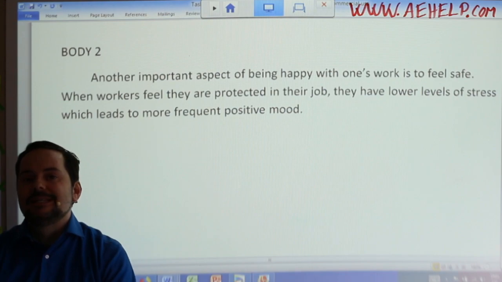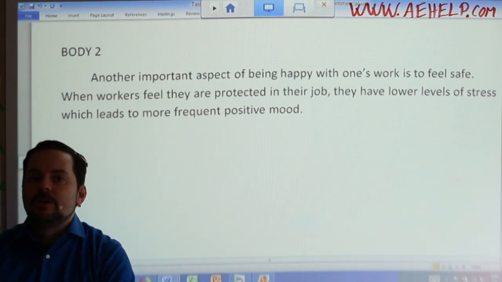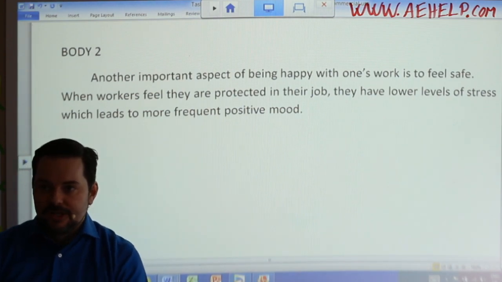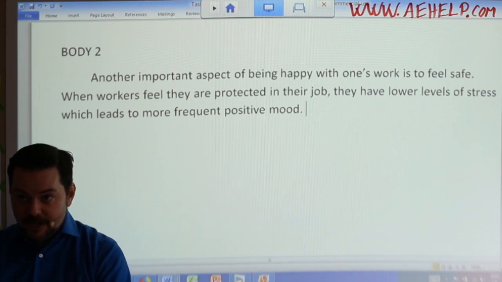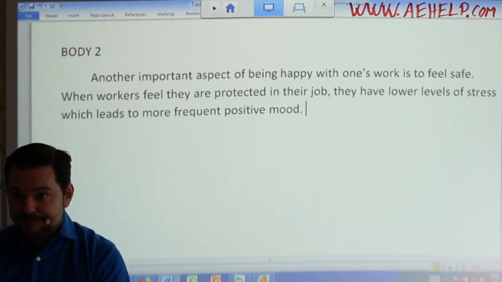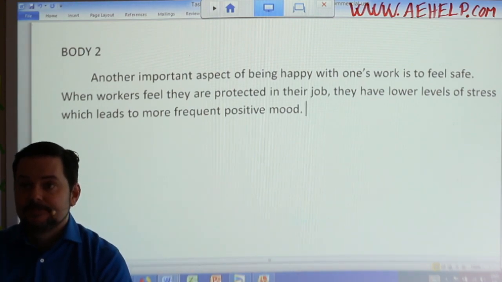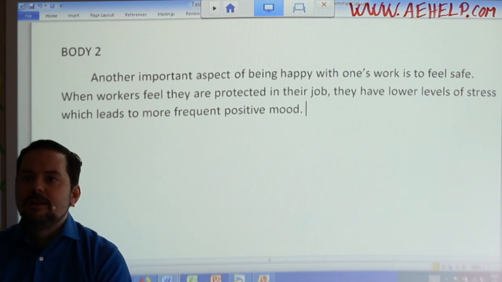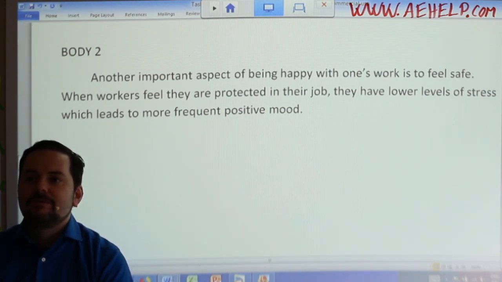Can someone give me an example of work where people feel safe so they feel happy? What is a job where we can feel safe so we feel happy? Can anybody give me an example of a safe work environment where people feel happy?